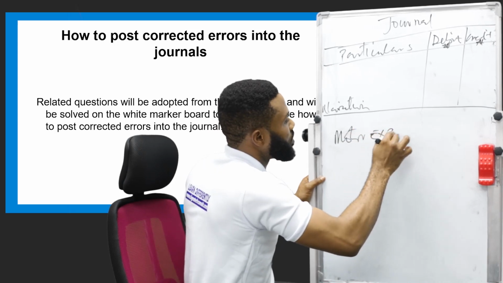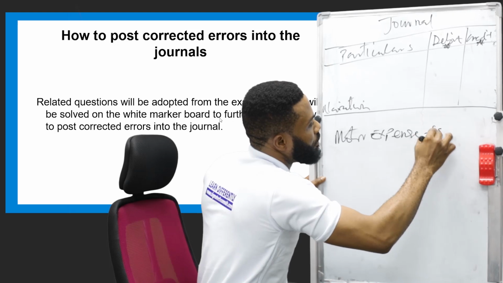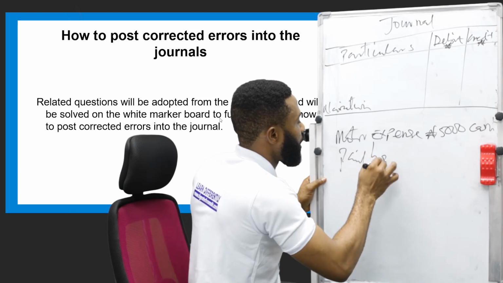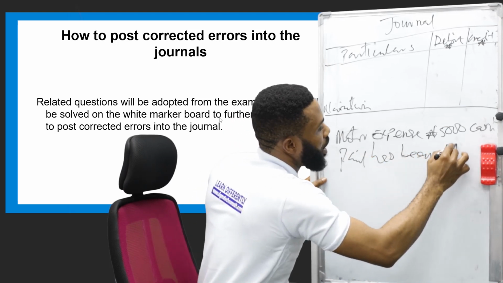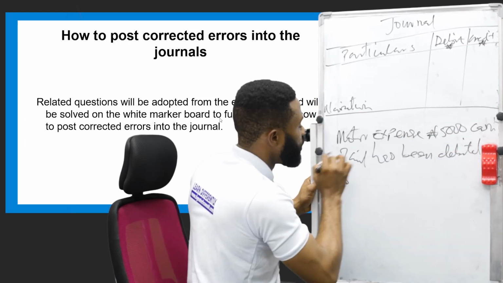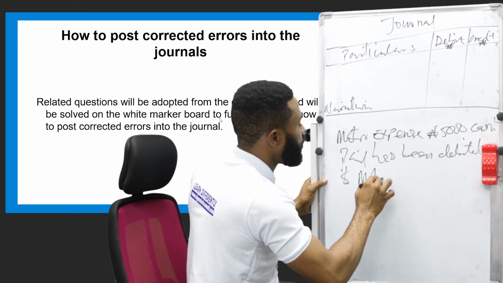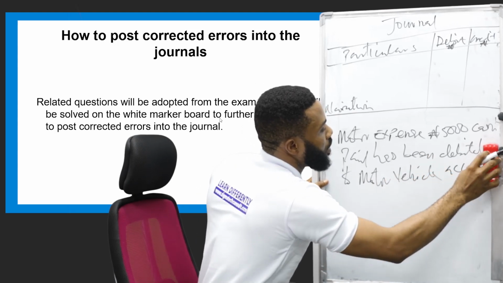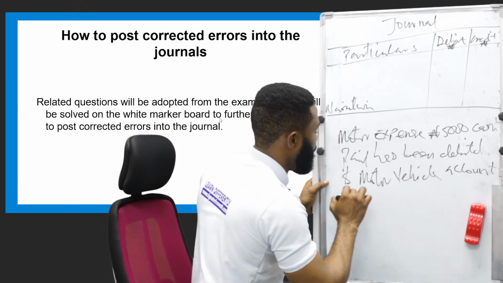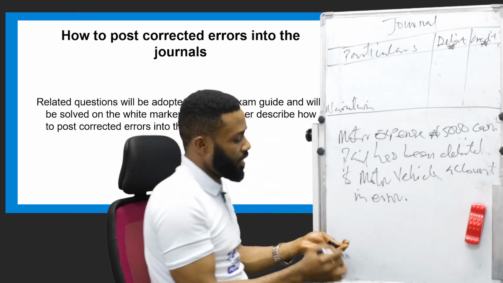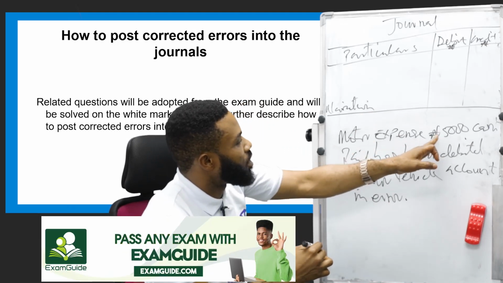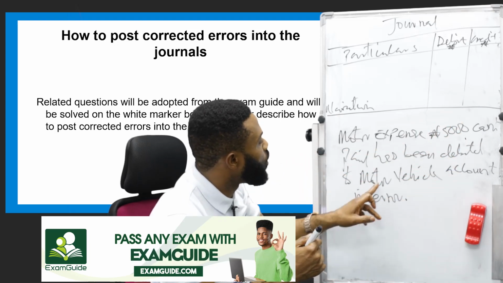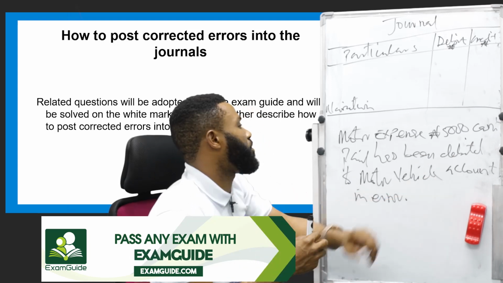Motor expenses 5,000 naira cash paid has been debited to motor vehicle account in error. All right. Motor expense 5,000 cash paid has been what? Debited to motor vehicle account in error.